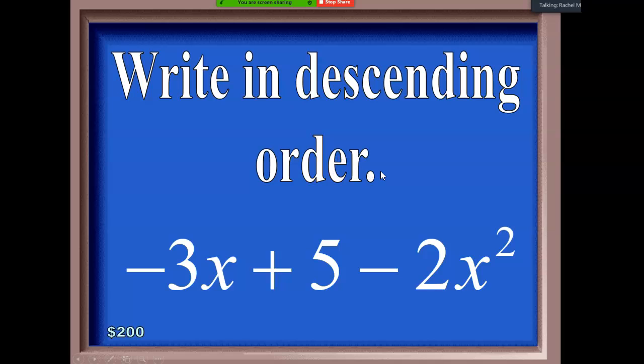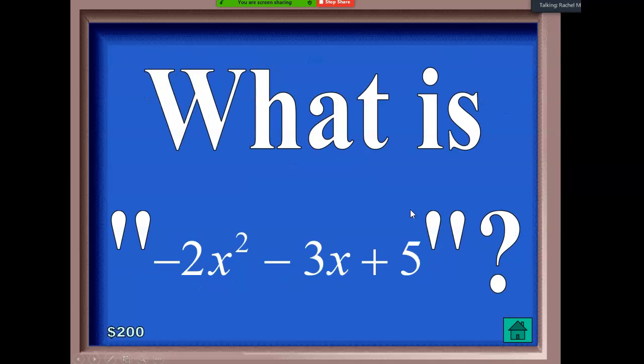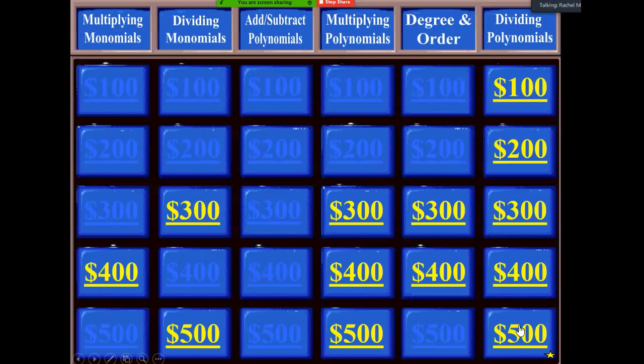So it's negative 2x squared minus 3x plus 5. So, Jalen, category and points.